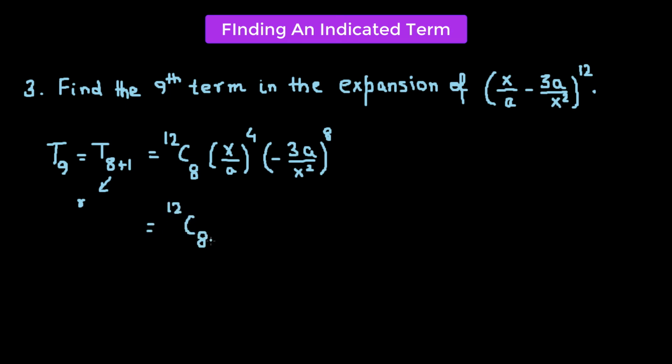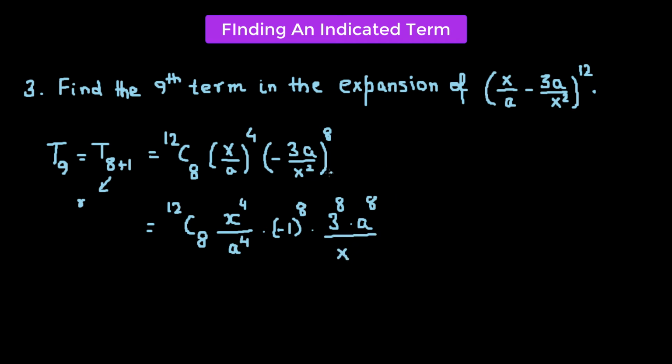So we do some simplification. This will give us x raised to the power of 4 divided by a raised to the power of 4, times negative 1 raised to the power of 8. And we have 3 raised to the power of 8 times a raised to the power of 8 divided by x squared raised to the power of 8.